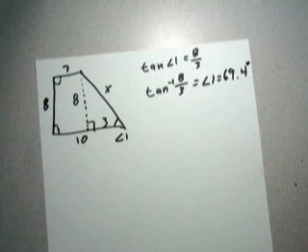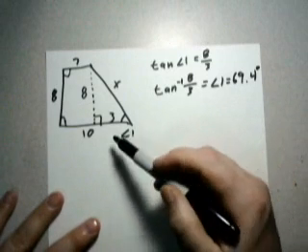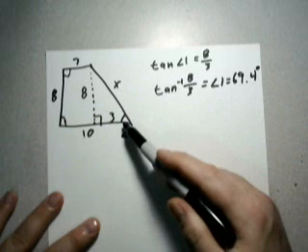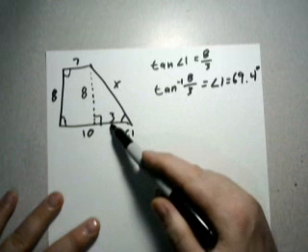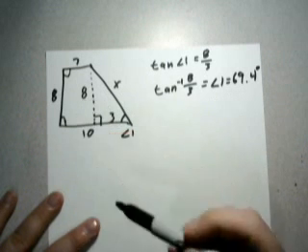Now, how do we find x? Well, we could use the Pythagorean theorem, but now that we know this angle, we can also find it using a cosine function using that side, or a sine function using that side.